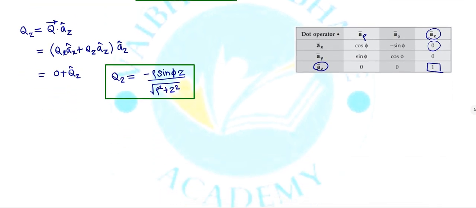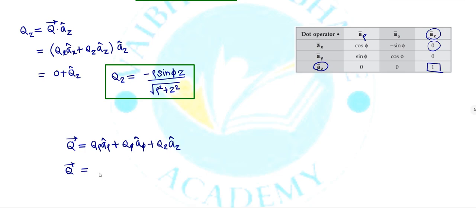So we have that vector q in its cylindrical form, which is equals to q rho a rho, then q phi a phi plus qz az, which is equals to, so this is vector q.